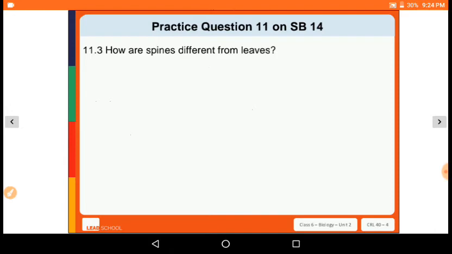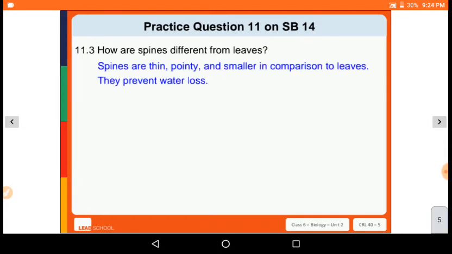Then next question: how are spines different from leaves? So the answer is: spines are thin, pointy and smaller in comparison to leaves. They prevent loss of water, यानी कि water loss.